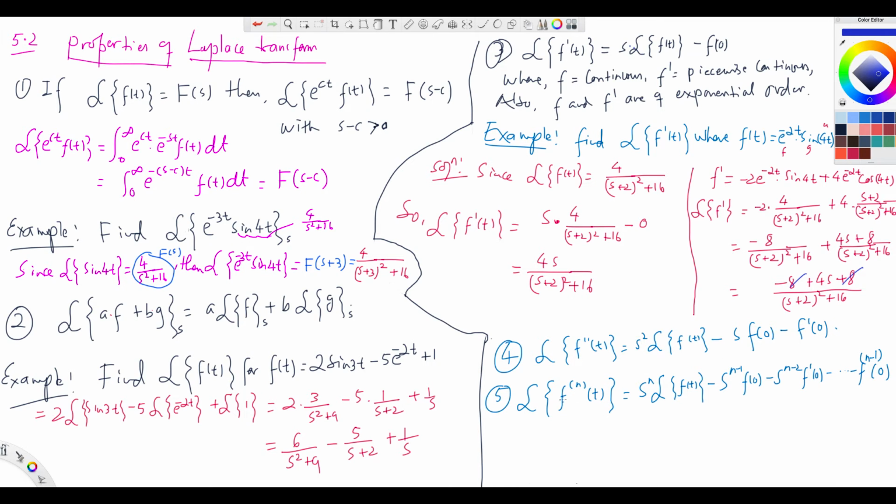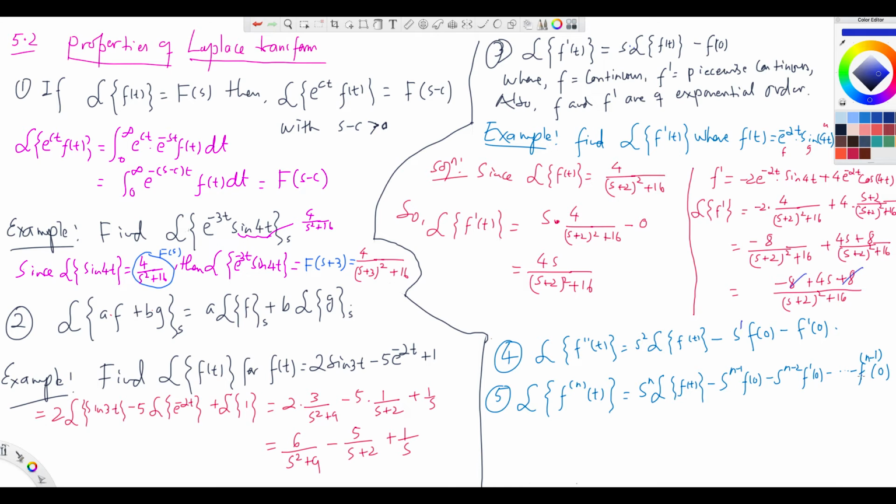Okay. Similarly, if you continue that, the Laplace transform of the nth derivative is s to the n times the Laplace transform of f(t), minus s to the n minus 1 times f(0), minus s to the n minus 2 times f prime(0), and continue that way.